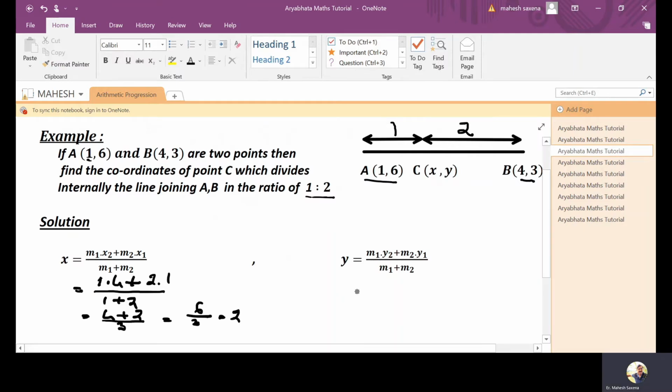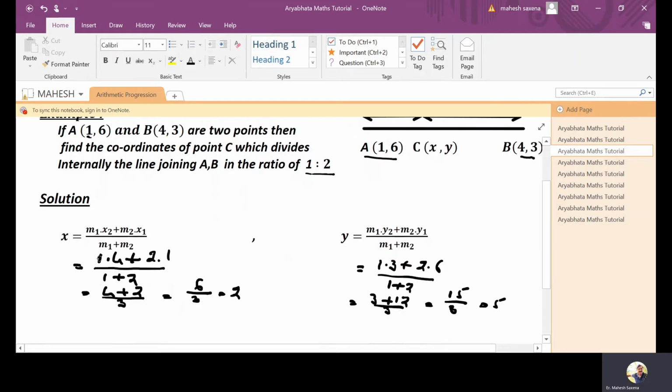Similarly, y will be m1 y2, that is 1 into 3, plus m2 y1, that is 2 into 6, divided by 1 plus 2, which is 3 plus 12 upon 3, that is 15 upon 3, that is 5. Therefore, the coordinate of C is 2, 5.